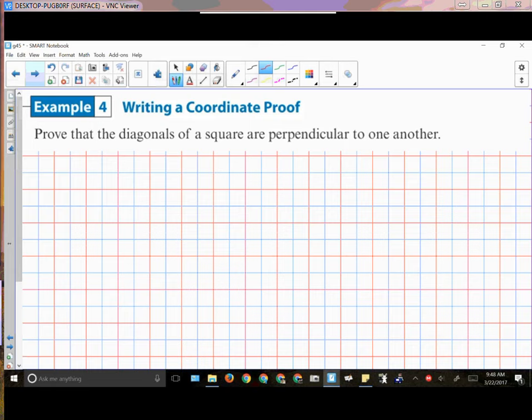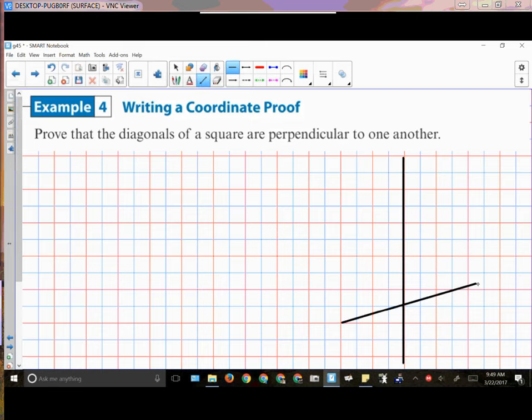So, what we're going to do here is take a look at writing a coordinate proof. I want to prove the diagonals of a square are perpendicular to one another. So, let's start off with a coordinate plane. Now, you'll notice how I kind of draw these things.